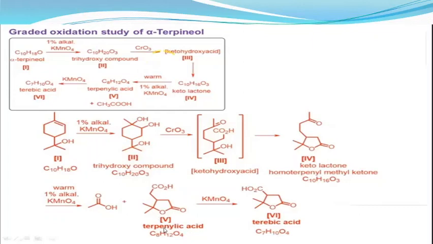This was formed from terpenylic acid containing 8 carbon atoms with a CH2 group, which degraded with KMnO4, resulting in one carbon atom less. And this terpenylic acid was formed from a ketolactone, which on warming with KMnO4 degraded to acetic acid. This reveals the presence of one methyl ketone group in the ketolactone, as you can see here.